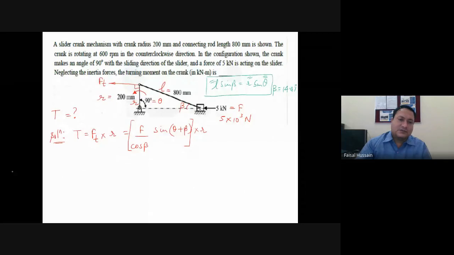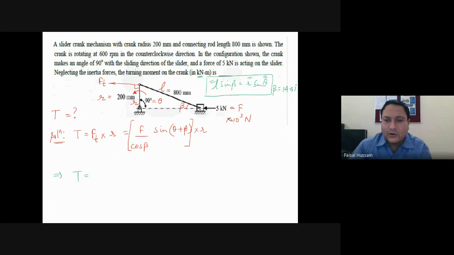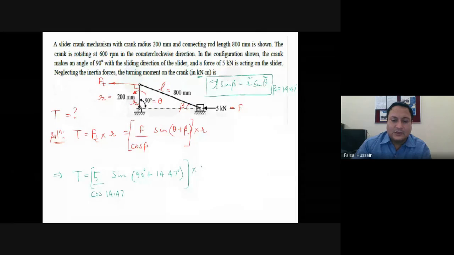Okay. So when you substitute the values here, now you know F, how much? F is 5 kilonewton. If you want to find the torque in kilonewton meter, then do one thing: don't substitute it in Newton. So Ft will be F, 5 upon cos 14.47, then sine of 90 degree plus 14.47 degree, multiplied by radius of the crank 0.2.